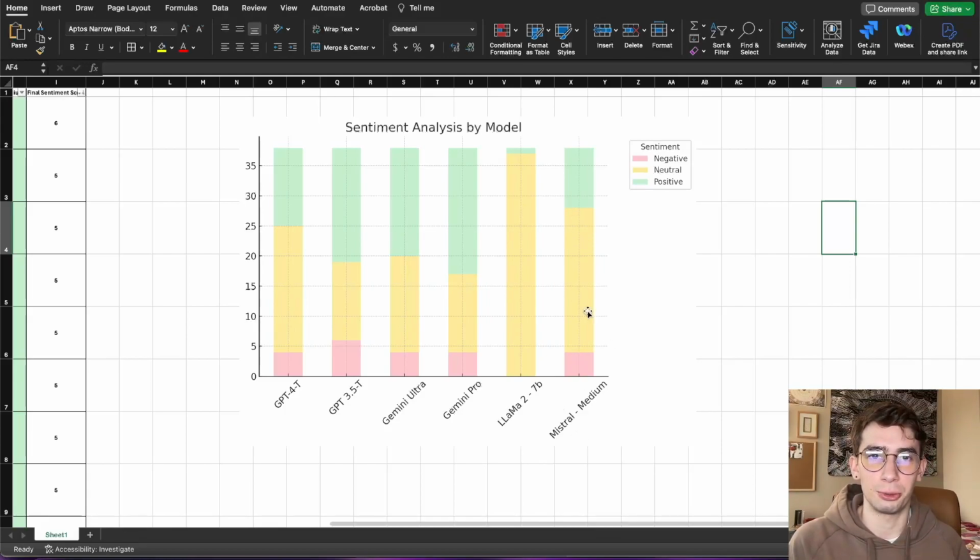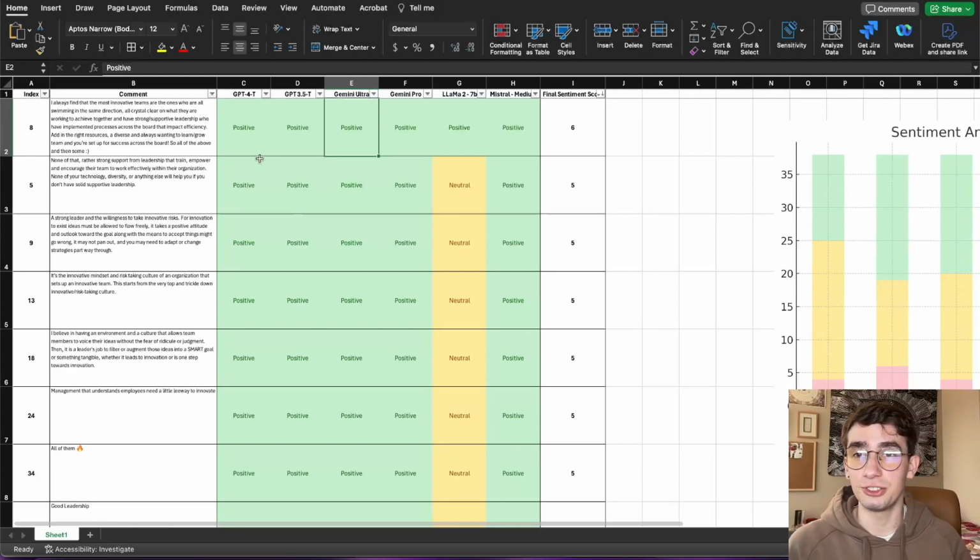Mistral was definitely a little bit more heavy on the neutrals, whereas Gemini Pro was more heavy on the positives. And then GPT-4 Turbo and Gemini Ultra were a decent split, with some of the negatives coming to light.